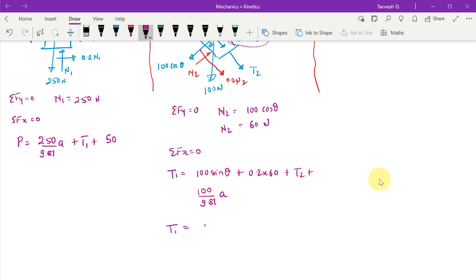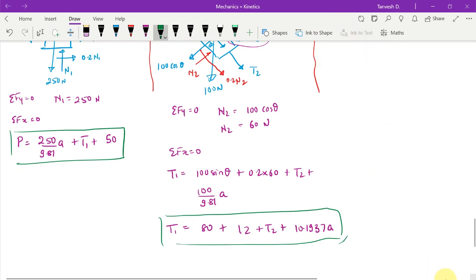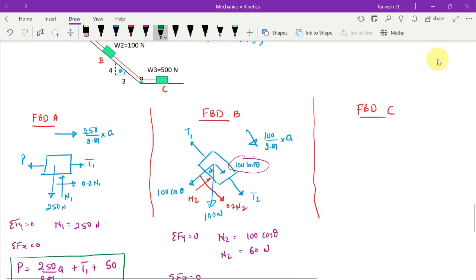So this is 100 sin theta is 80, plus 0.2 times 60 would be, I think, 12, plus T2, plus 100 upon 9.81, which is equal to 10.1937, times A. So this is another equation that we have got. So till now we have got 2 equations. From all of them we are not able to get something solid. Let us see what we get after drawing the FBD of C.